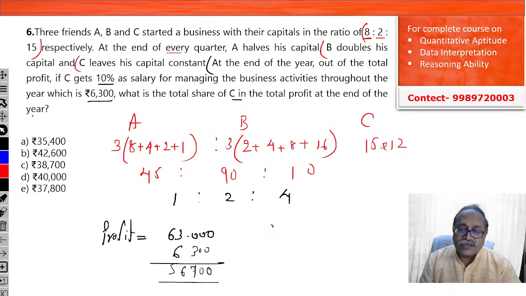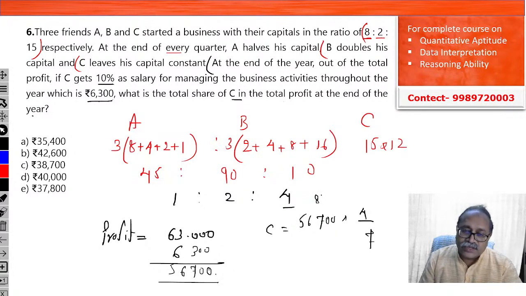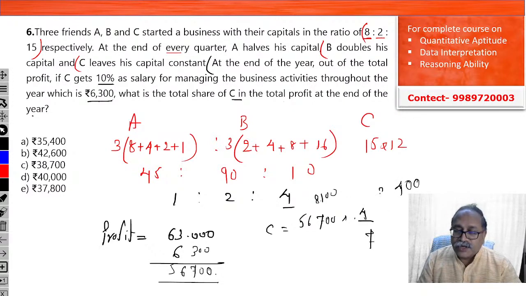So C from the remaining profit, that is 56,700 into 4 parts out of 7 parts. So I know this gets cancelled with 7, 8 is 56, so 7, 8, 56, 7, 1, 7 and 0, 0, and when I multiply this, that becomes 0, 0 and 4 and 8, 4 is 32.